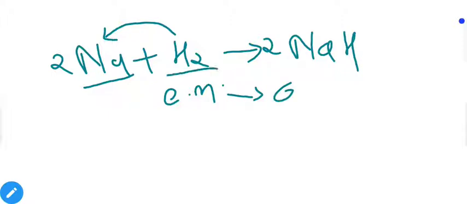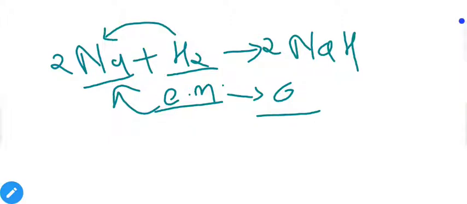So we are adding hydrogen, that means reduction, but we are also adding an element more electronegative than sodium, so it is also oxidation. So which type of reaction is this? Actually, this reaction is oxidation of sodium and reduction of hydrogen, because in oxidation we add an electronegative element. So here confusion arises.